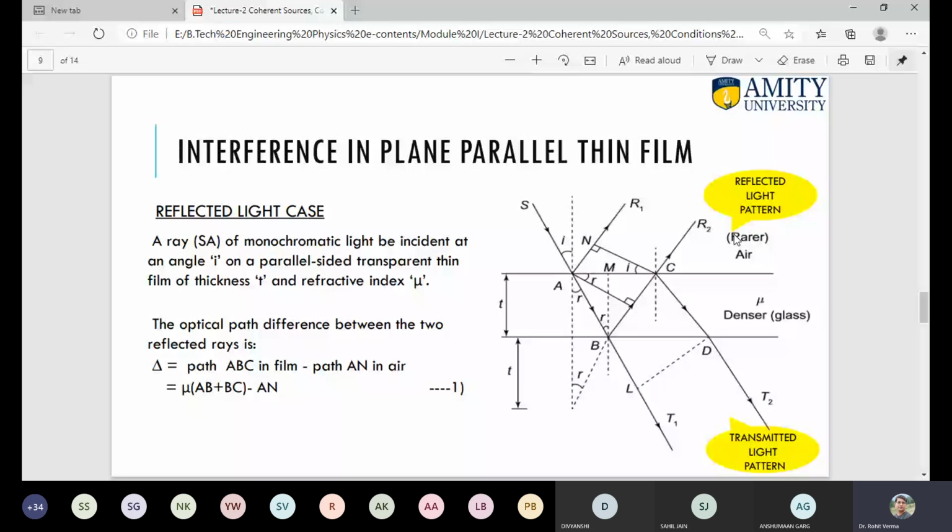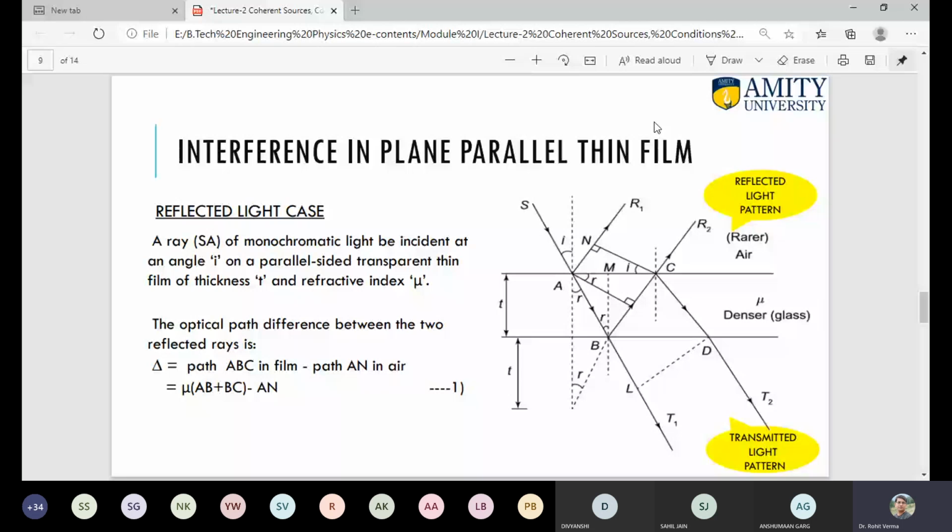Therefore, they will be in a position to superimpose on each other, and due to the superposition of these two rays R1 and R2, if we observe from this place, we will get an interference pattern. And since this light source S is an extended white light source, sunlight, we will get colored fringes here. This you must have observed in real life.